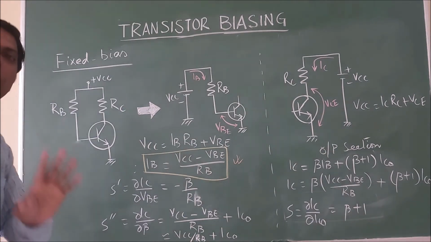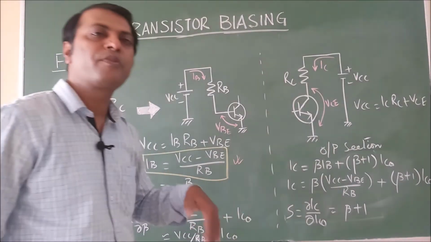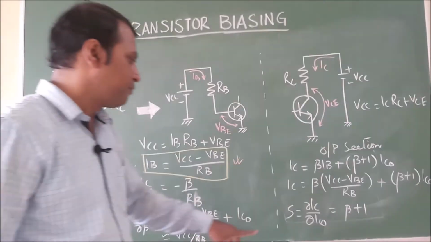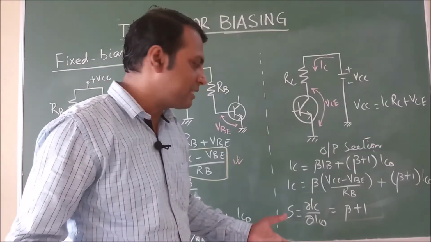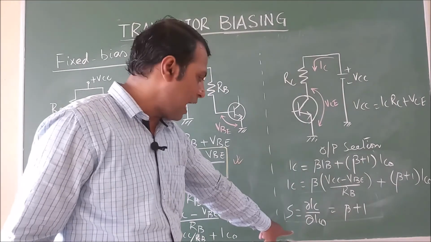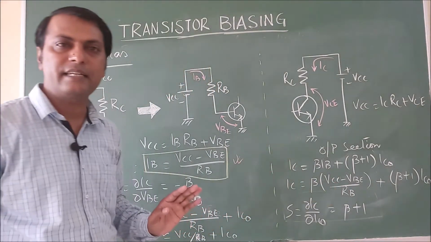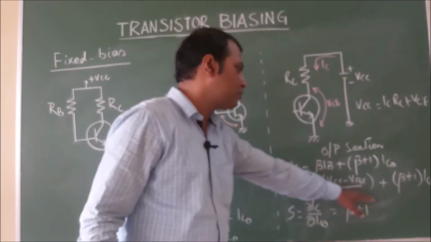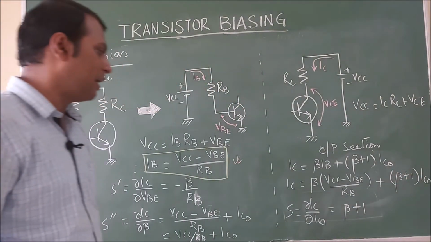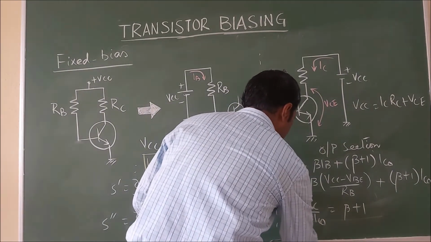Now we find the stability factor S. First, S is equal to del IC by del ICO. So we differentiate IC with respect to ICO. The first term is constant with respect to ICO, so S is beta plus 1. So the first stability factor is found.